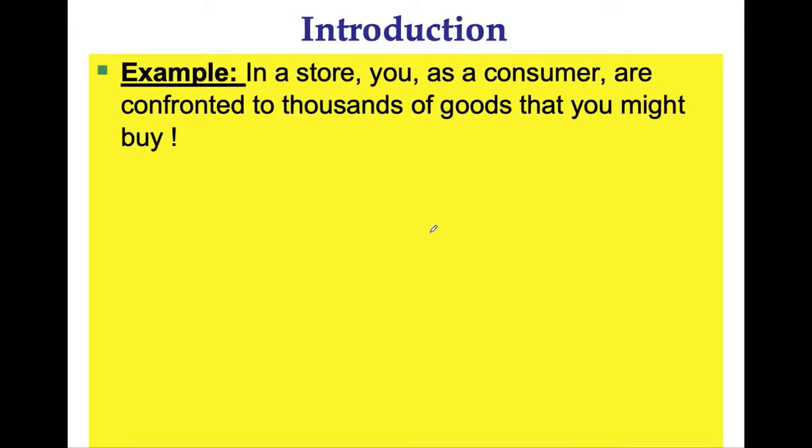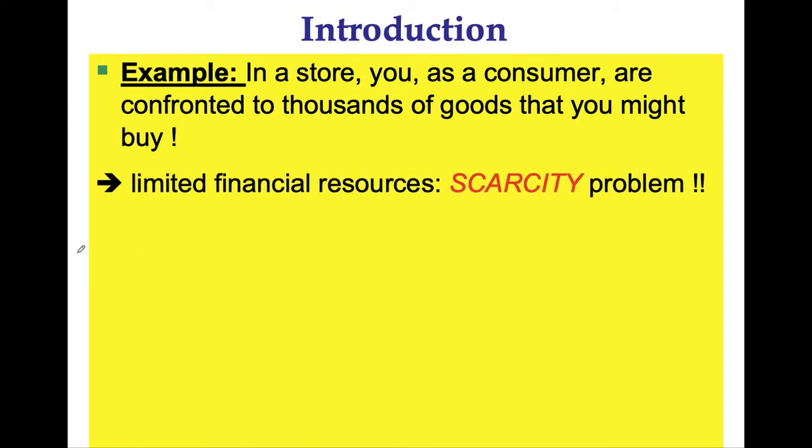So let's start with this example. As I said, suppose you are a consumer in a store, confronted with thousands of goods that you might buy. And of course, the first thing that might bother anyone is that there are limited resources.